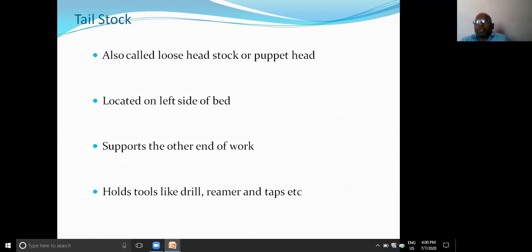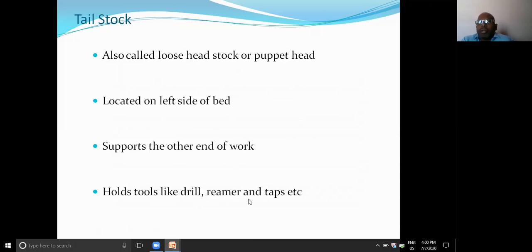In addition to supporting the job, this tailstock is also used to mount drills, reamers, and taps. So if a hole is supposed to be drilled exactly at the center of the job, at the central axis of the job, then only a drill or reamer or tap is placed within the tailstock.